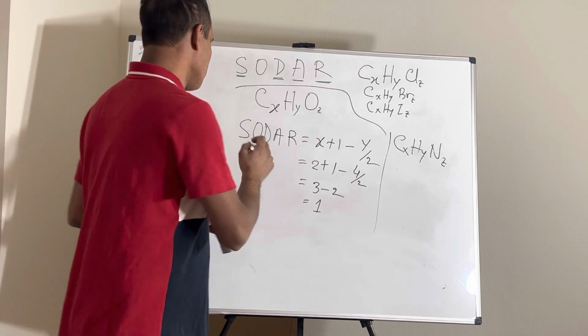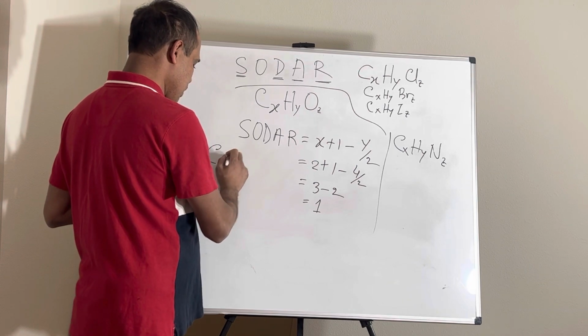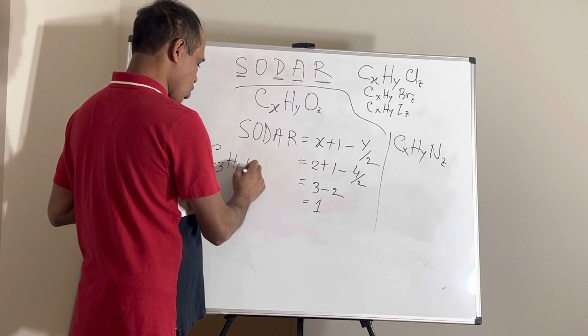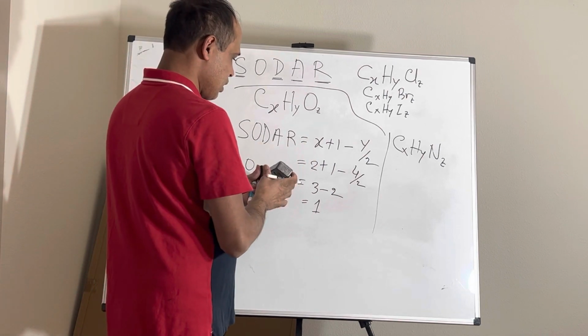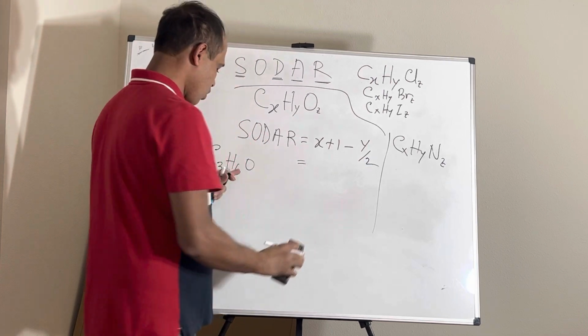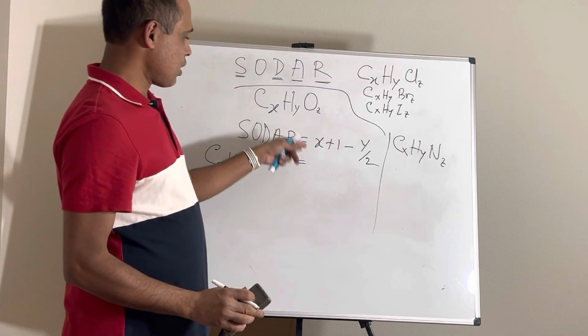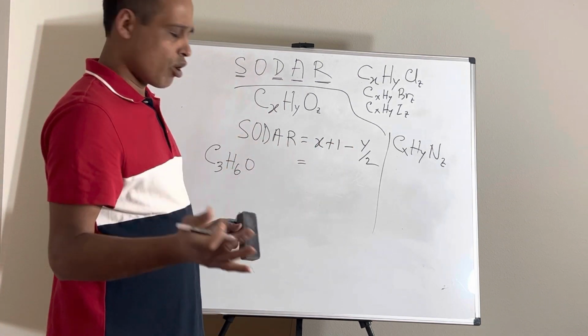Let's see an example. Suppose you have a molecule C3H6O, okay? For this, just calculate the SODAR number: put the equation, and again, for having the oxygen, the hydrocarbon equation will be the same. It will not be changing.